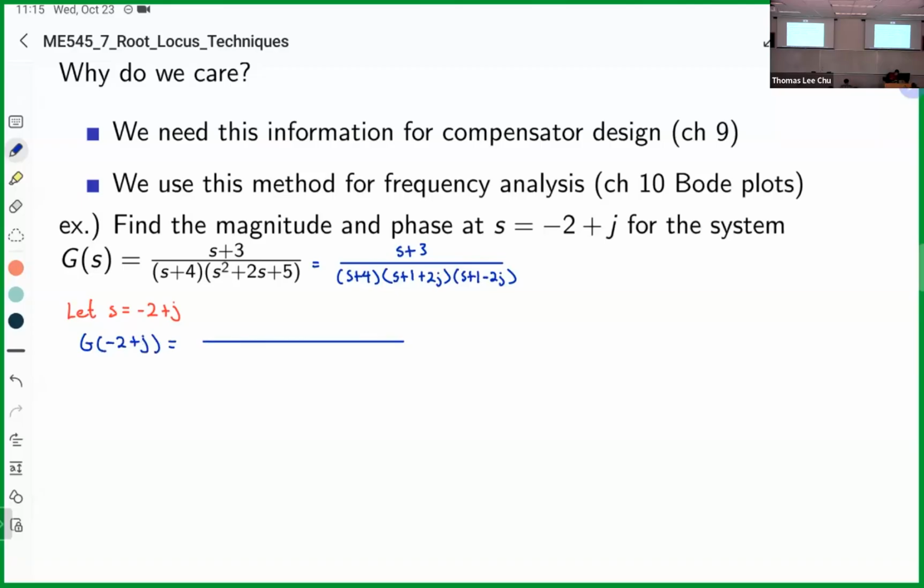I'm going to sub in the -2 plus J, and in the numerator we get 1 plus J. And then sub in -2 plus J, we get 2 plus J times -1 plus 3J times -1 minus J.